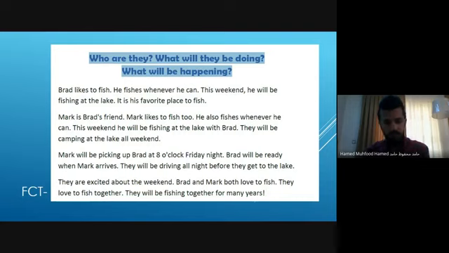Mark will be picking up Brad at 8 o'clock Friday night. Brad will be ready when Mark arrives. They will be driving all night before they get to the lake. They are excited about the weekend. Brad and Mark both love to fish. They love to fish together. They will be fishing together for many years.